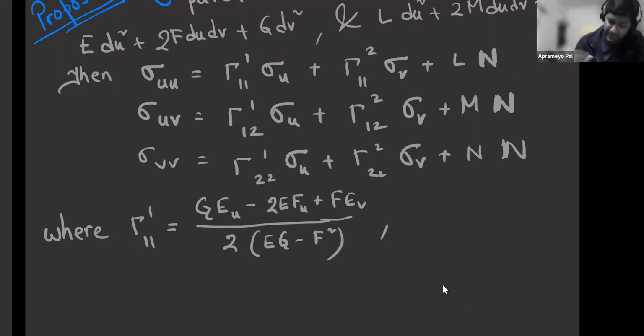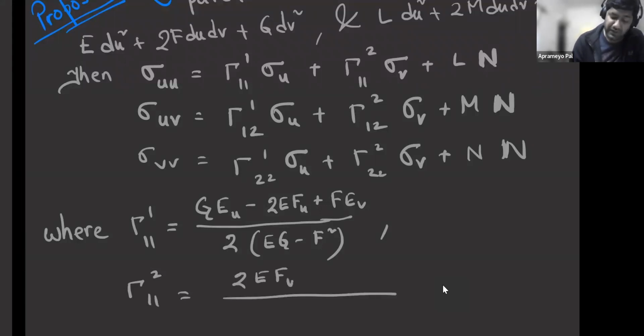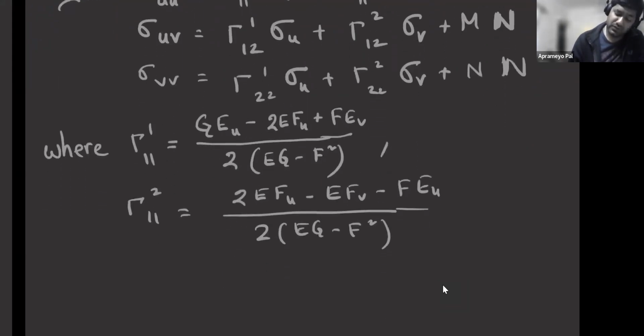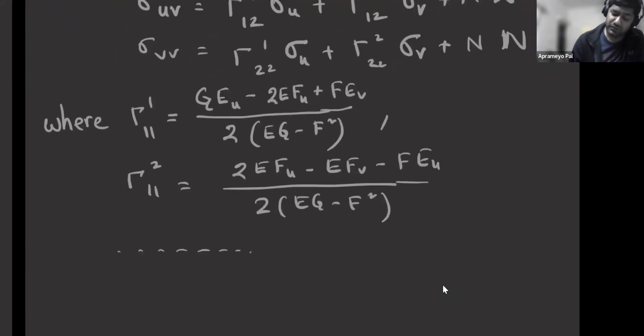You will see these things again in the next lecture also. And gamma 2 1 1 is given by 2 E F u minus E E v minus F E u, over 2 E G minus F square. Okay, and so on.